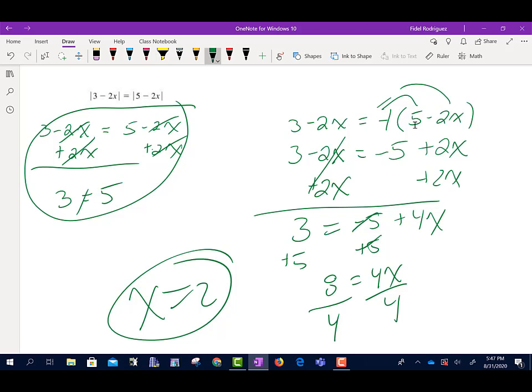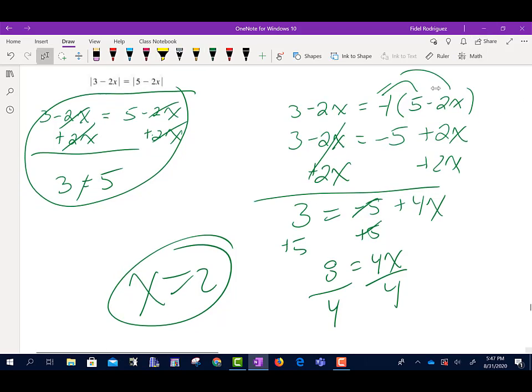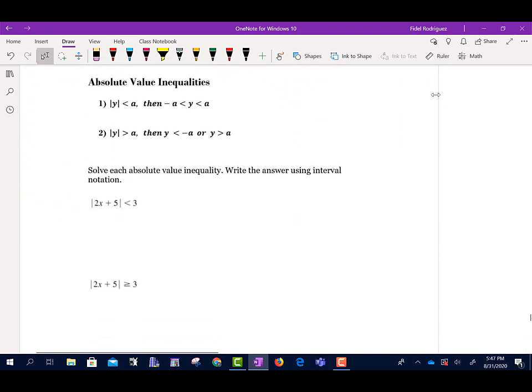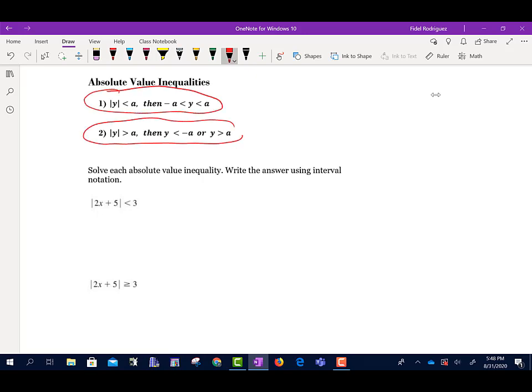All right. So now, I'm going to scroll down to the next part. And we have what's called absolute value inequalities, okay? So in doing absolute value inequalities, guys, I want you to notice I have two formulas here. I have formula number 1 and I have formula number 2.